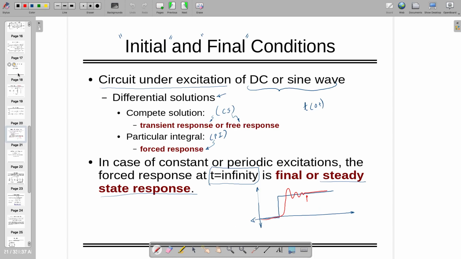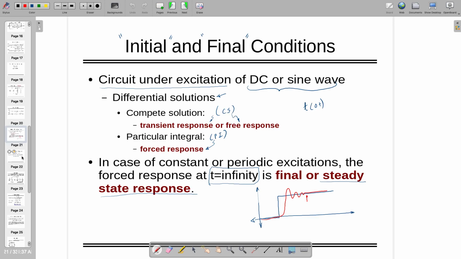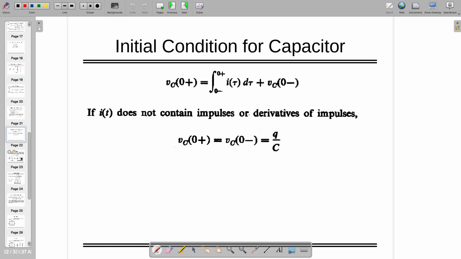Okay, now let's look at the initial conditions for capacitor. Let's define all these notations. So vc of 0 plus, if you are going from t equal to 0 minus to 0 plus, in between this time, whatever is happening, like the integral of I of tau d tau plus vc of 0 minus, that is going to give you the initial condition of capacitor.